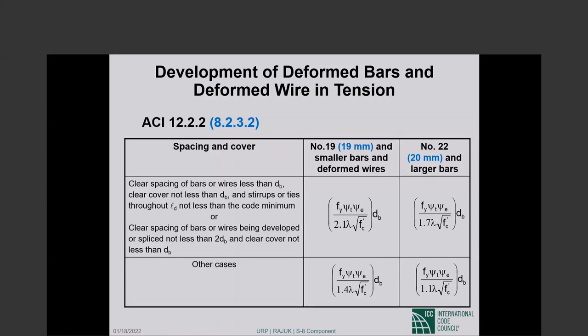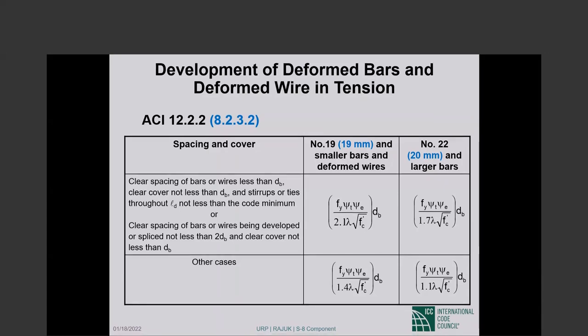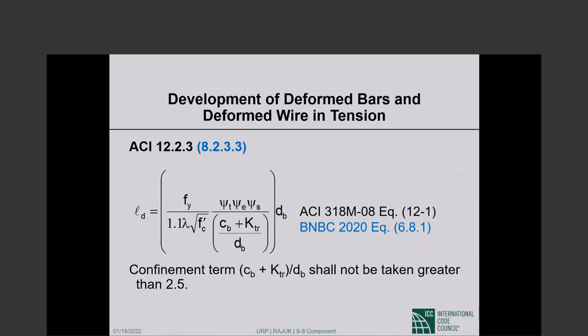The top bar effect I'll explain in just a little bit. So you have the choice of using the table, or you have the choice of using this expression. This is supposed to be a little more refined, a little more exact.